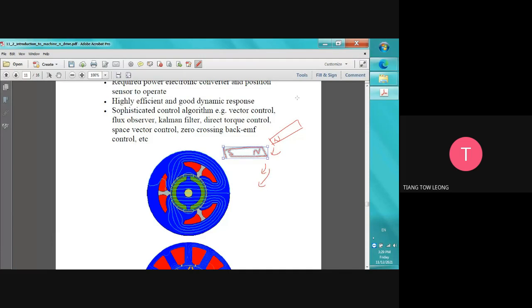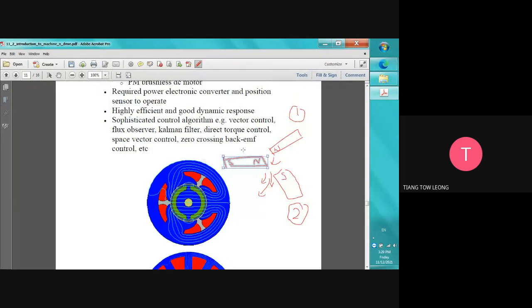Another possibility is I put a magnet here, where this is south, so that it can pull from here. This is the interaction. Usually, this one is the rotating part. This is the stator part.